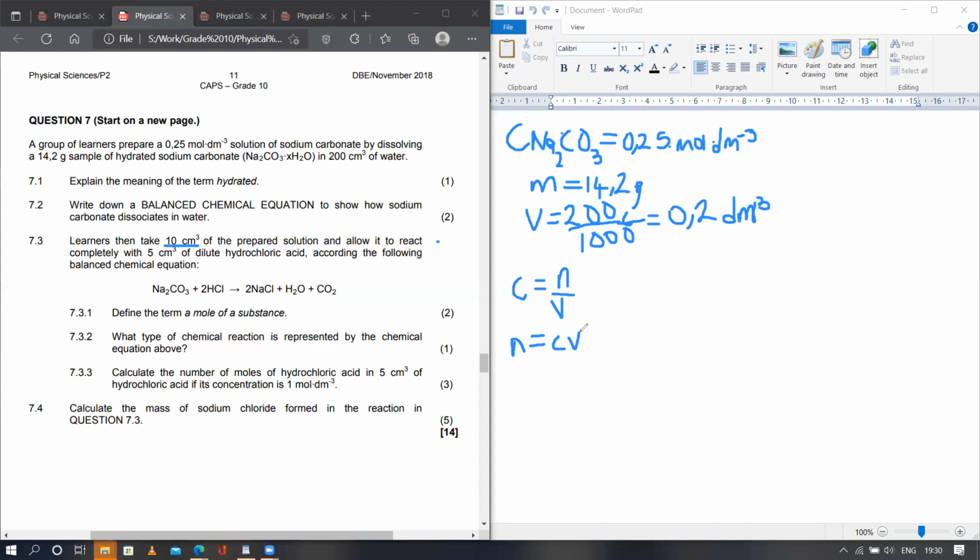Then you have your 1 multiplied by 5 divided by 1000.